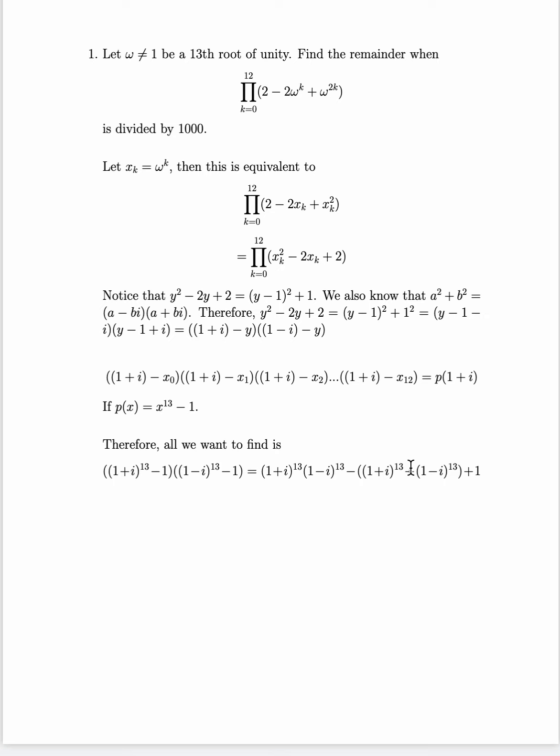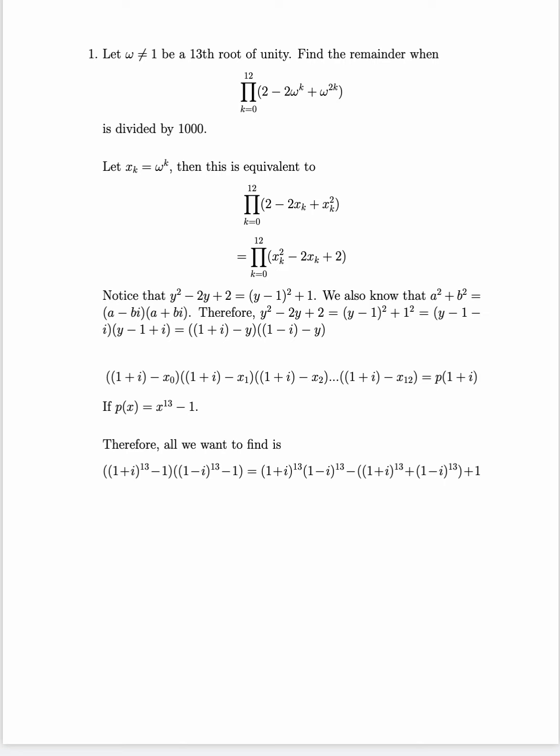Notice that (1 plus i) over root 2 is a point on the unit circle in the first quadrant, and its angle with the horizontal is 45 degrees, which is e to the i pi over 4, right?